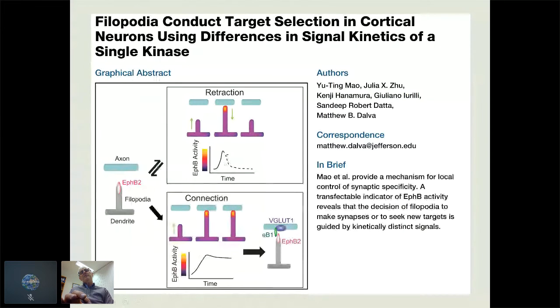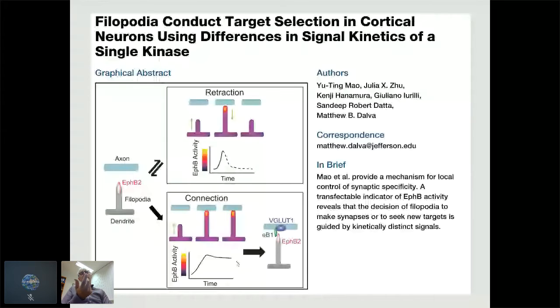So he found a very good correlation between a rejection event and a very fast rising of Eph receptor kinase activity on the one hand, and a very good correlation between making a synapse and recruiting, for example, VGLUT1, and a much slower rise in Eph kinase activity and a more sustained kinase activity.